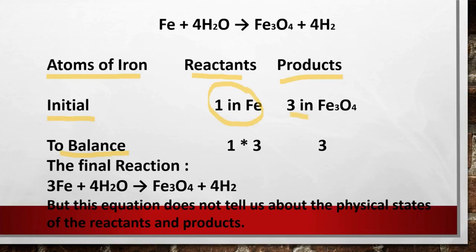And on the product side there are 3 in Fe3O4. So to balance we require to multiply the reactant side by 3. And after this step, the final reaction we will obtain is this. Now this reaction is completely balanced. You can check by counting the number of atoms on both the sides.